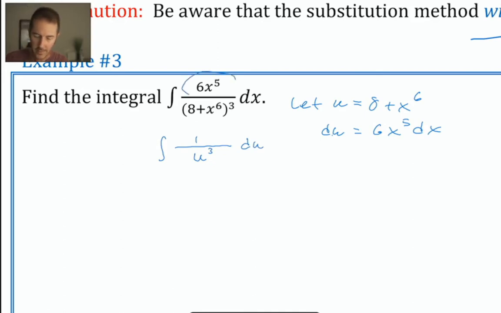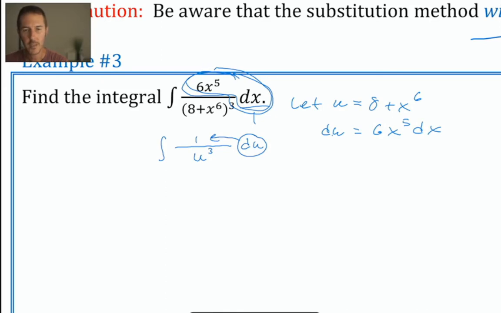So the 6x to the 5 dx, you could think of this as dx over 1, which means that the 6x to the 5 dx is all occurring in the numerator. So you could write this du up here in the numerator. That's just not very typical formatting for an integral.